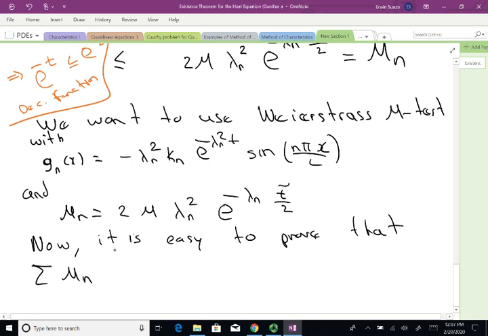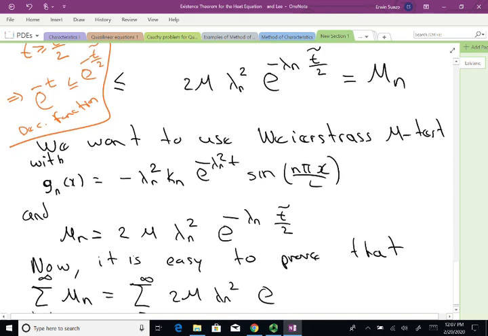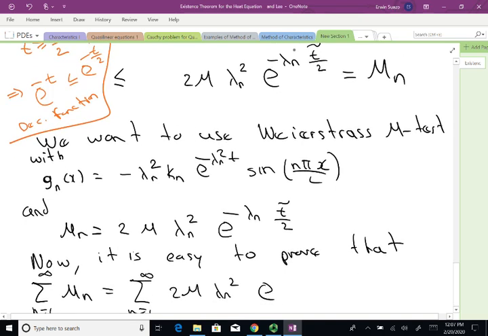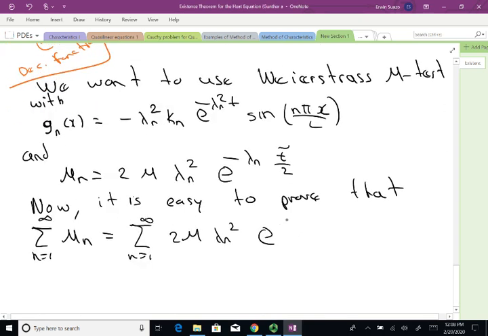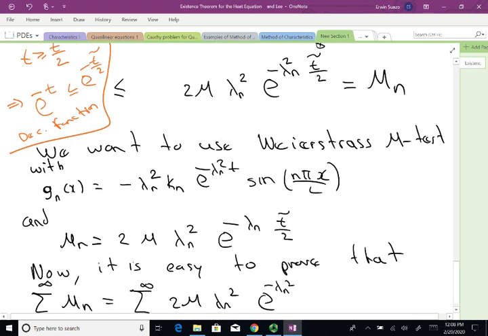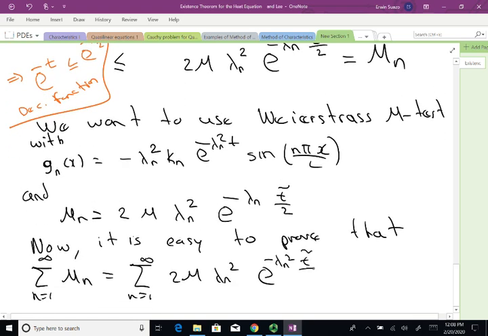So the sum n equals 1 to infinity of 2m lambda n squared e to the minus lambda n squared t bar divided by 2 is less than infinity.